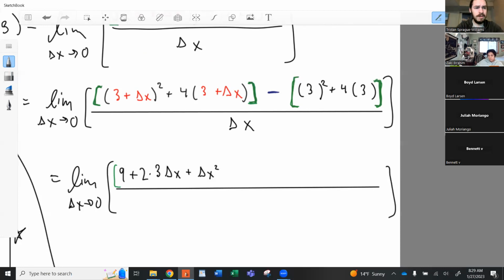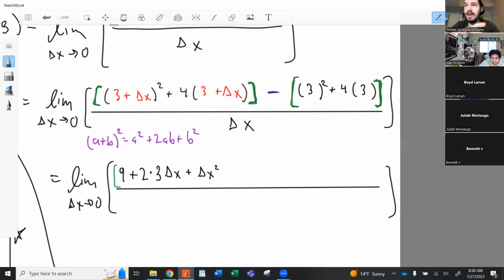Okay, so 2 times 3 is what I have right there. That's the a plus b squared is a squared plus 2ab plus b squared.